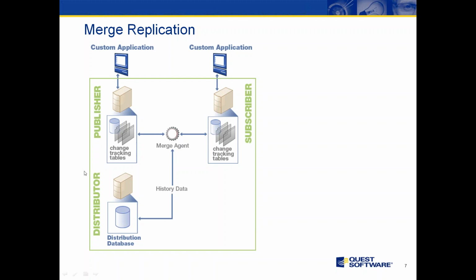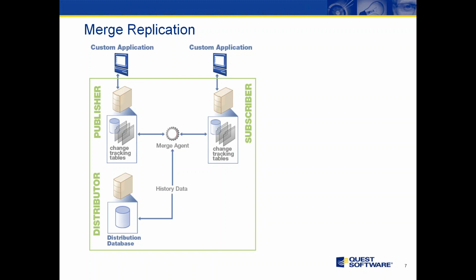As we have seen, there are different agents in different types of replication. In snapshot replication we have seen a snapshot agent. In transactional replication, we have seen a snapshot agent, distribution agent, log reader agent, and queue reader agent. Whereas coming to merge replication, we have a snapshot agent and distribution agent.